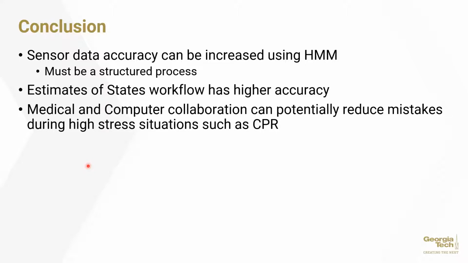So you can't just throw a hidden Markov model at anything. It has to be structured. So moving on from that, the estimates of states workflow has the higher accuracy compared to the estimates of objects workflow when we were comparing the two between the tree workflow and the graph workflow.